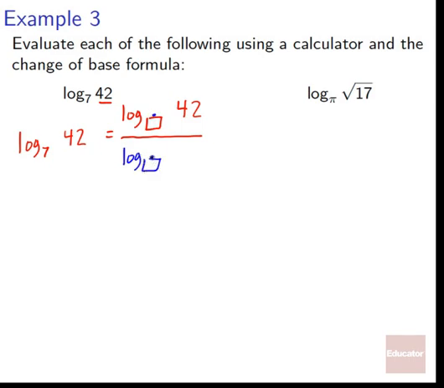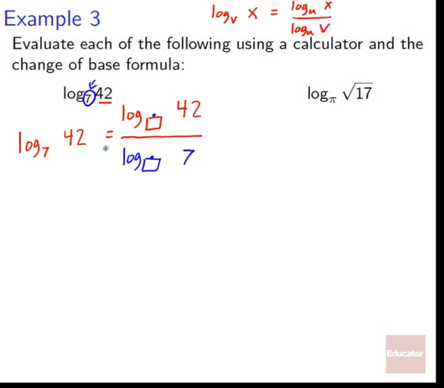These have to be the same base. And it's going to be of our original base. So since it was log base 7 of 42, we now have log of something 42 divided by log of something 7. Right? That's how it works. That's what it meant when we saw log base v of x equals log base u of x over log base u of v.